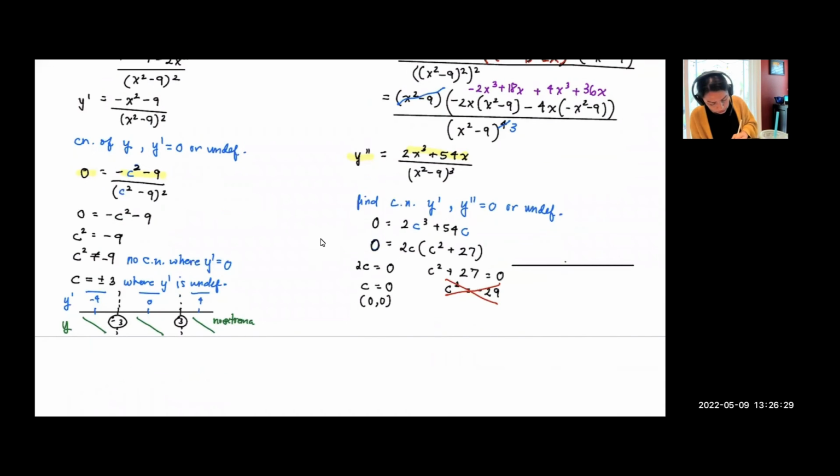So here I can just put 0 and then circle it. We still have those undefined values no matter what. There has to be behavior still at the critical numbers plus and minus 3.